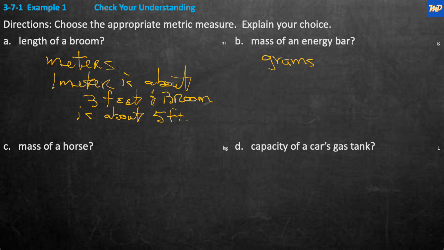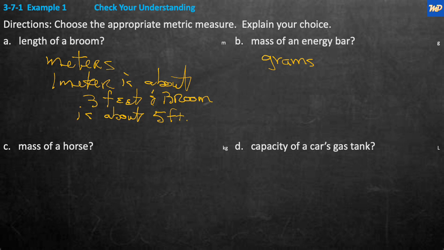So, okay, mass of a horse. Well, a horse is going to weigh in the many pounds, and we have kilograms, where each kilogram is exactly 2.2 pounds. So if you divide a horse's weight, say if it's 1,000 pounds, it'd be about 500 kilograms, maybe.